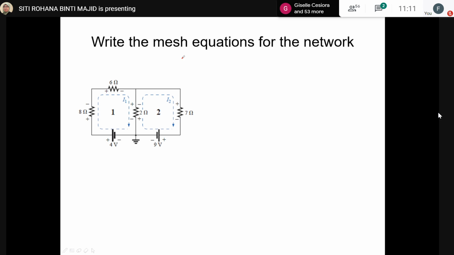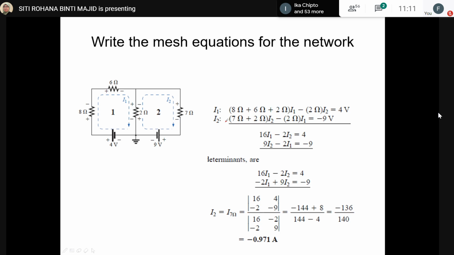Okay, so this one is the mesh analysis equation for the network, but you see the arrangement of voltage. Even though the concept is the same, at least we practice how to write the equation for loop 1 here, and this one is loop 2.